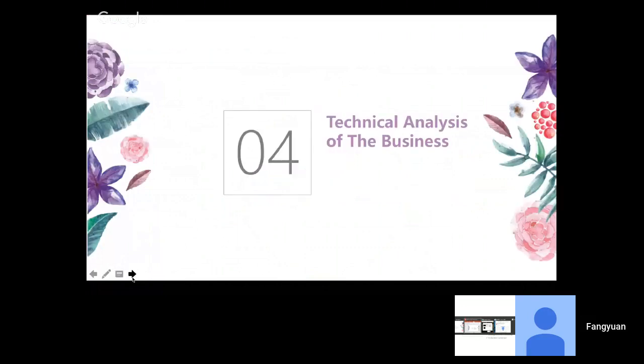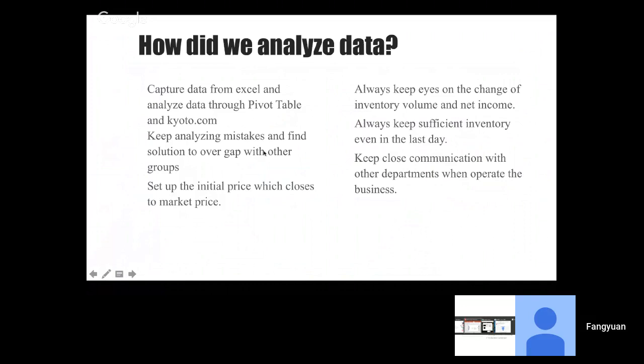Talking about the technical analysis of the business, we captured data from Excel and analyzed data through pivot tables and the Yatong website. Besides, we need to keep analyzing mistakes and find solutions to overcome gaps with other groups.